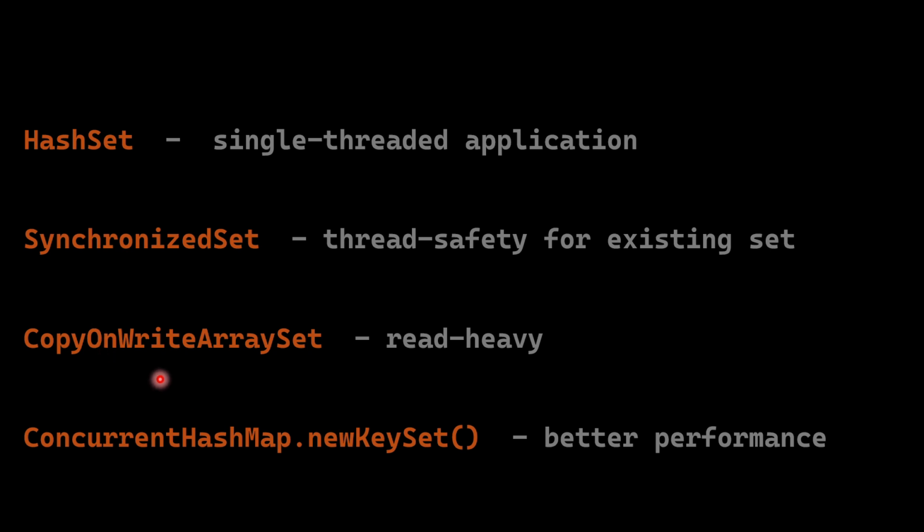CopyOnWriteArraySet offers lock-free reads and iteration for read-heavy scenarios but with O(n) modification cost. And consider alternatives like ConcurrentHashMap.newKeySet for better performance in concurrent scenarios.